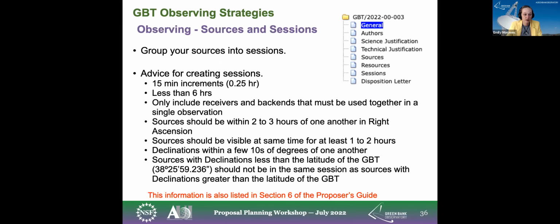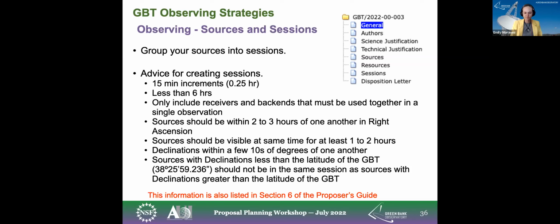You should group your sources into sessions. So put several sources into one session, so it's easier and more efficient to schedule you. And then make sure that your sessions are rounded up to every 15 minutes or 0.25 hour.